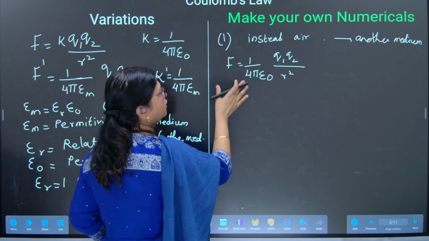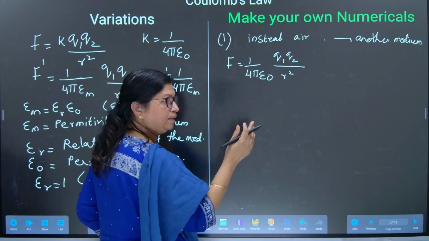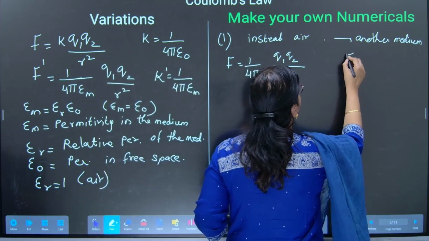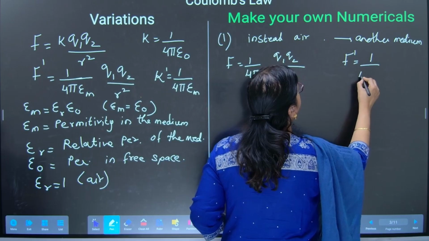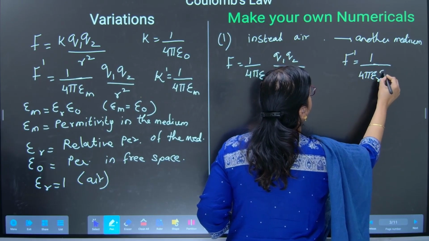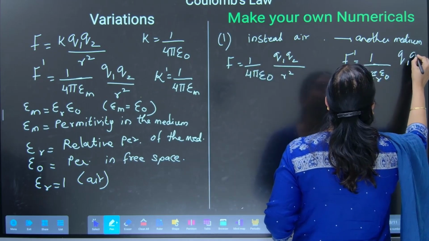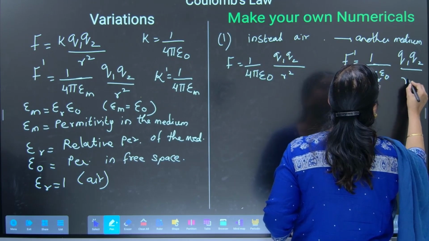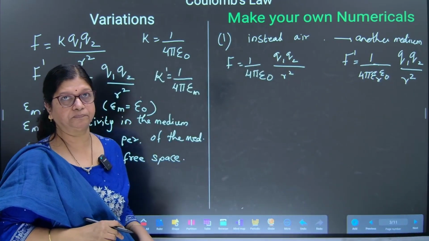So I have written the formula for force when we take air as the medium. Now we are writing another formula when we take some other medium other than air, choosing the same charges and the same distance.